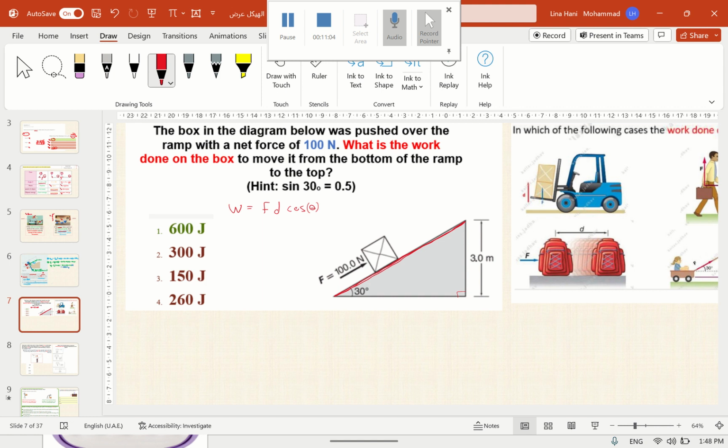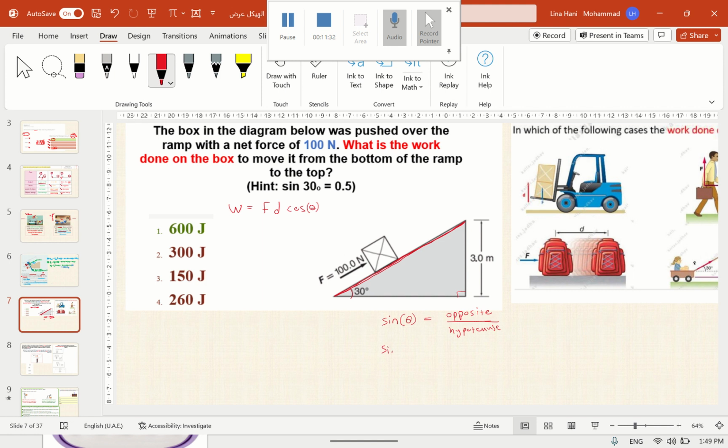I use the sine trigonometrical function. Here we have an angle, we have an opposite, and we can find the hypotenuse using the sine. Sine of the angle given in the question is equal to the opposite to that angle divided by the hypotenuse.